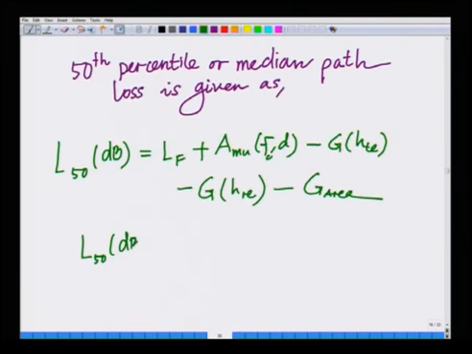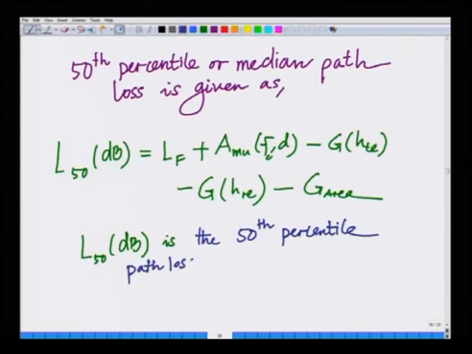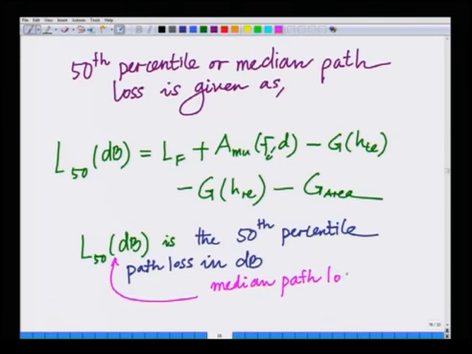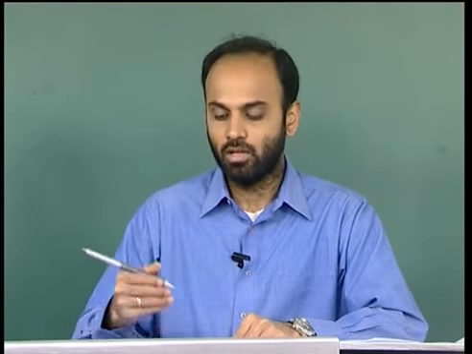L50 dB, let us explain what each of these components is. L50 dB, as we already said, is the 50th percentile path loss in dB, which essentially says it is the median path loss. This means 50% of the measured values lie above this threshold and 50% of the measured values lie below this threshold.